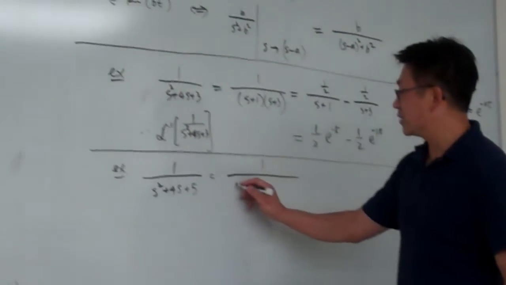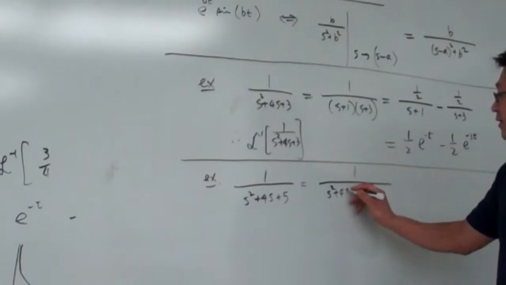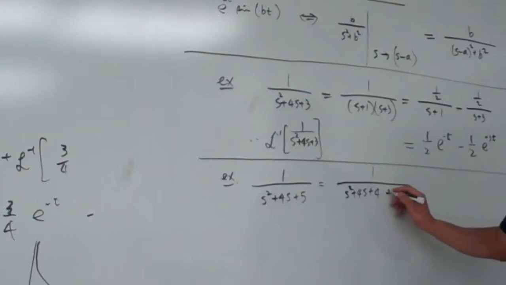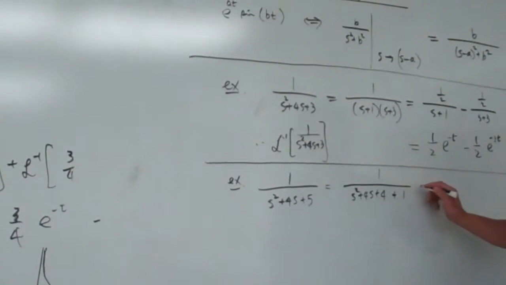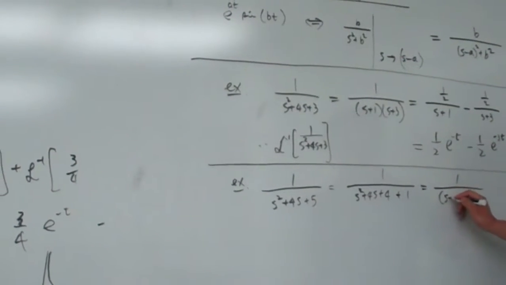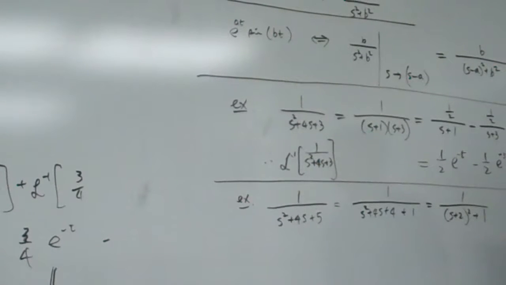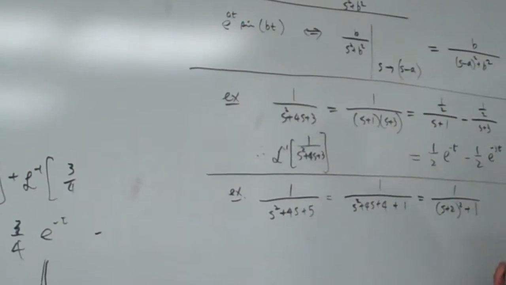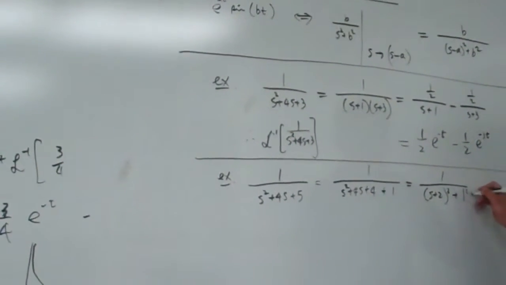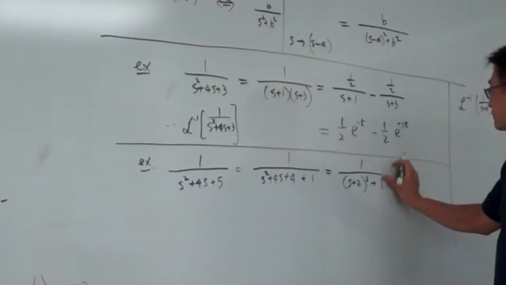You can write s squared plus 4s plus 4 plus 1, and I know this can be (s plus 2) squared plus 1, right? If you like, you can put it into the right format, here you can say 1 squared, either way.